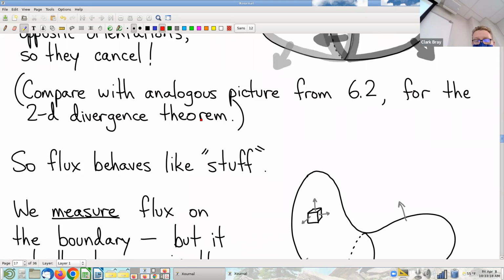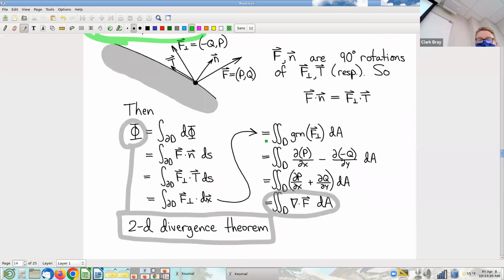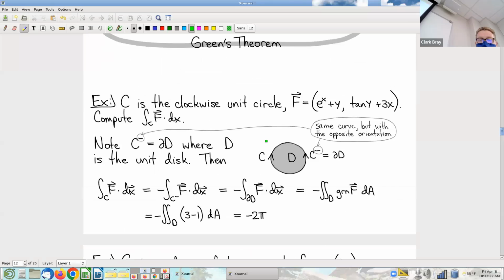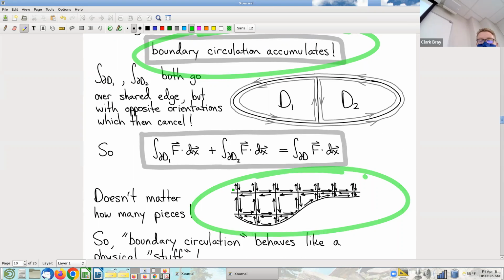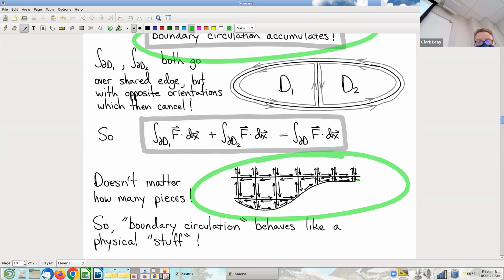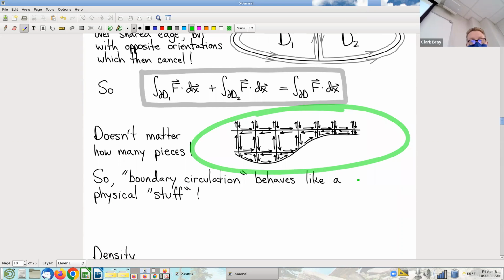It's hard to draw when you have a lot of different pieces. Let's go back here, because I have this picture right here showing what happens to boundary circulation when you chop it up into lots and lots of pieces. But the point is, on each shared edge in the middle, you get the exact same cancellation. So the same is true here.